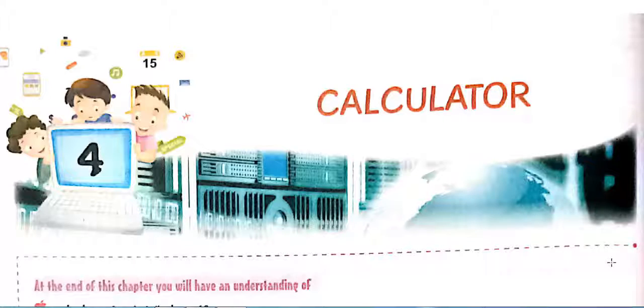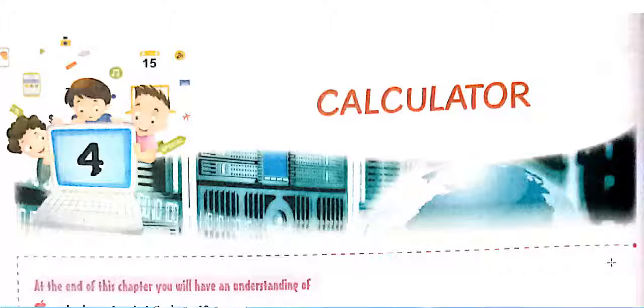Calculator. It is an electronic hardware device or software capable of performing mathematical calculations such as addition, multiplication, subtraction or division. The Casio Computer Company developed the first electronic calculator in 1957.